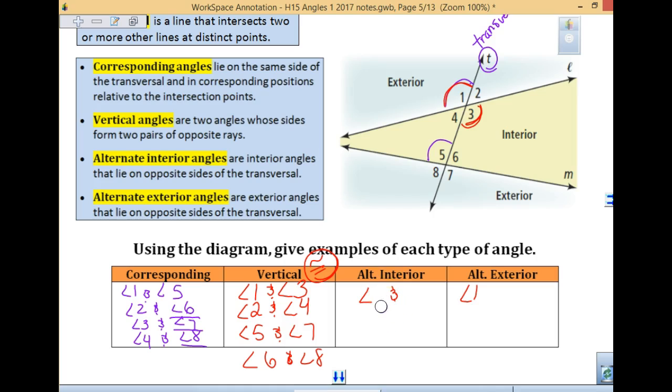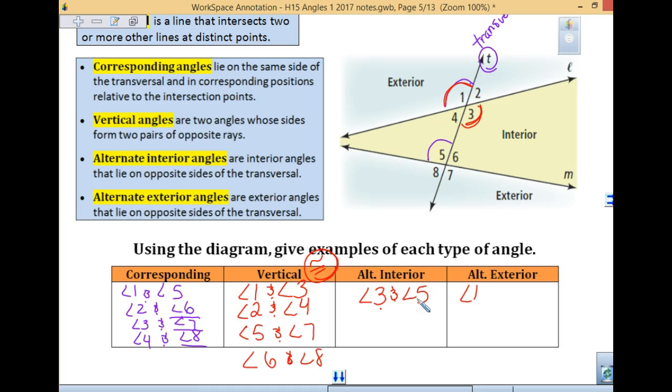Angle 3, we'll go with. Angle 3 is on the interior. Alternating sides of this line, but on the interior. So 3 and 5. It can't be right next to it because what do we know about 3 and 4 together? They are what from the last page? 180, supplementary, right? So 3 and angle 5.